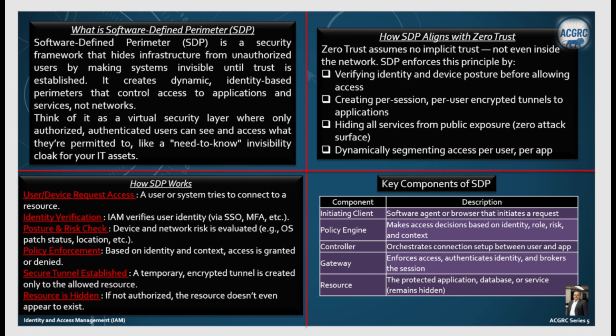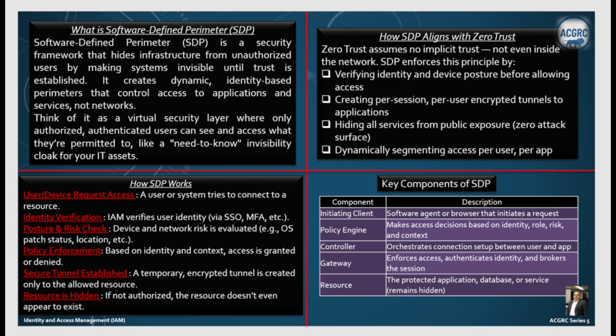It creates dynamic identity based perimeters that control access to applications and services, not networks. Think of it as a virtual security layer where only authorized, authenticated users can see and access what they are permitted to. Like a need-to-know invisibility cloak for your IT assets.